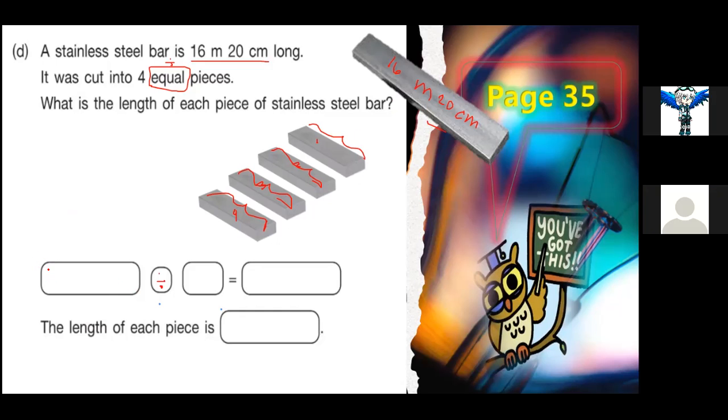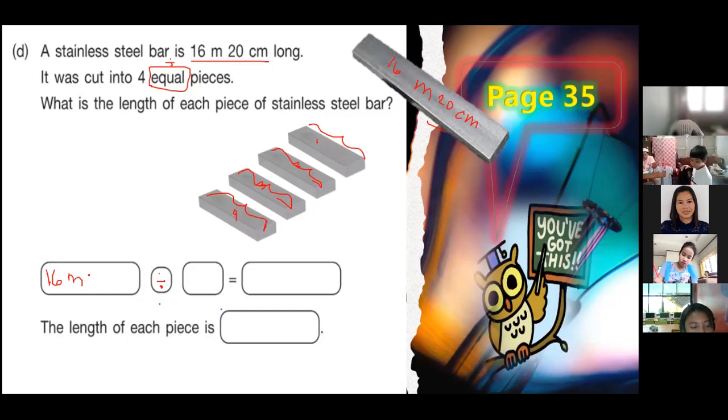We will divide 16 meter and 20 centimeter divided by how many steel bars it was cut into? That will be 4.